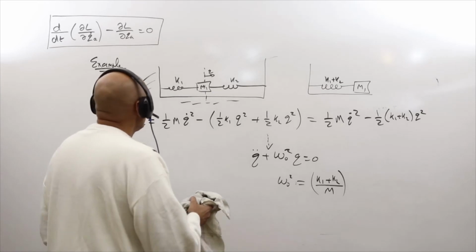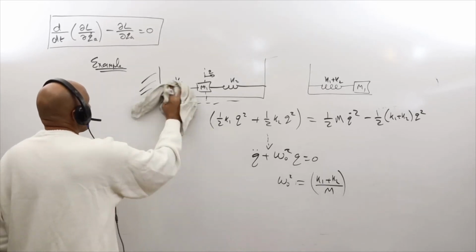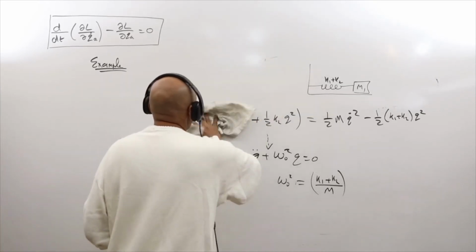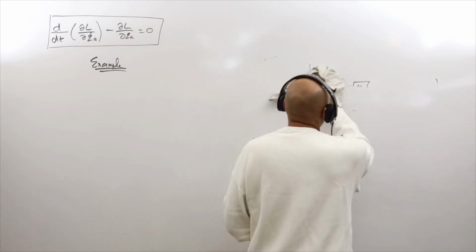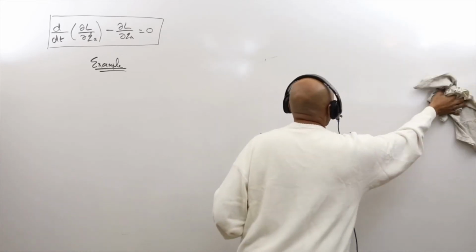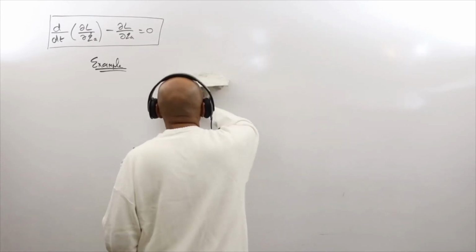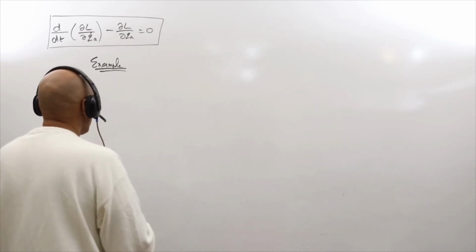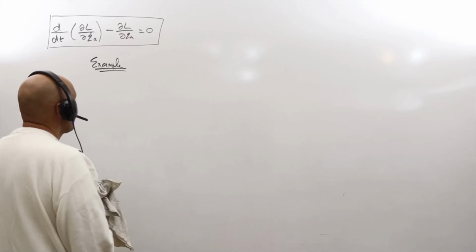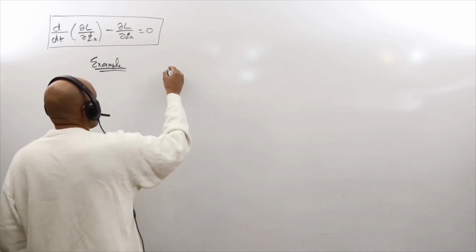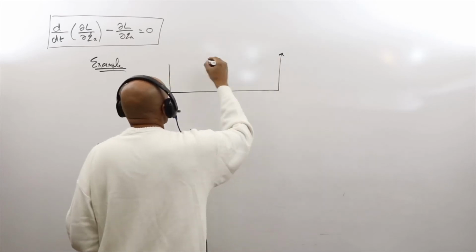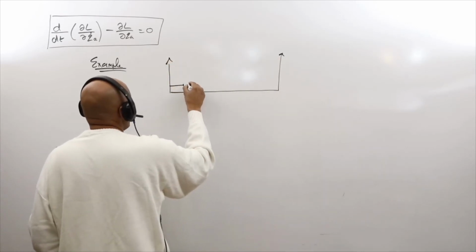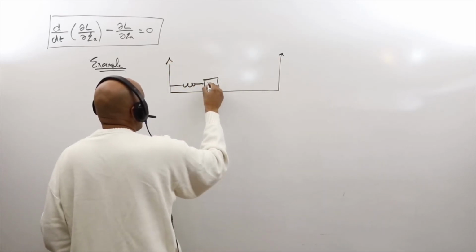Anyway, let's do something more complicated. Let's do a coupled system here. In the coupled system model, I'm going to take a system, and it's a little more work. We have a spring k1 attached to a mass m1.